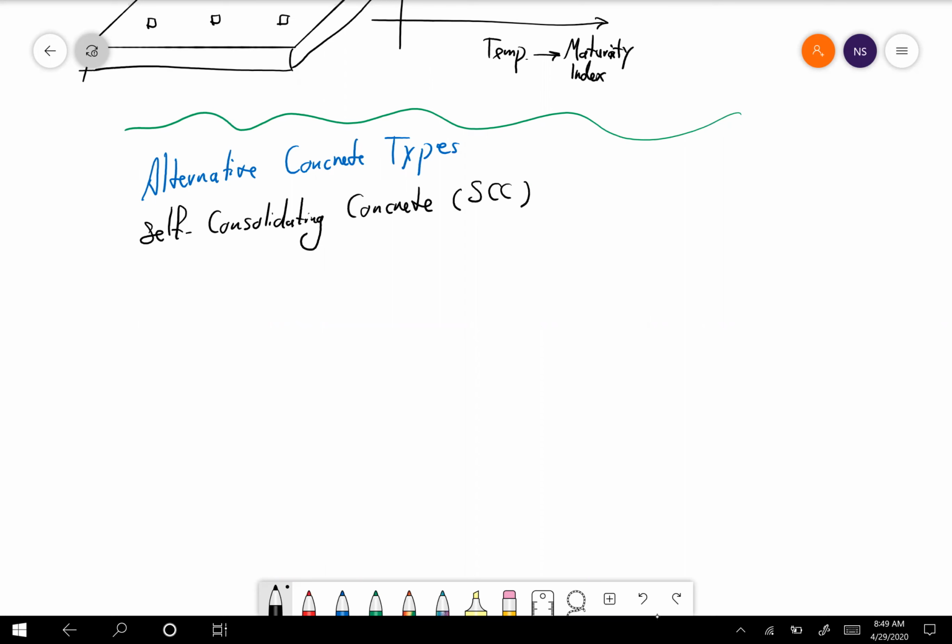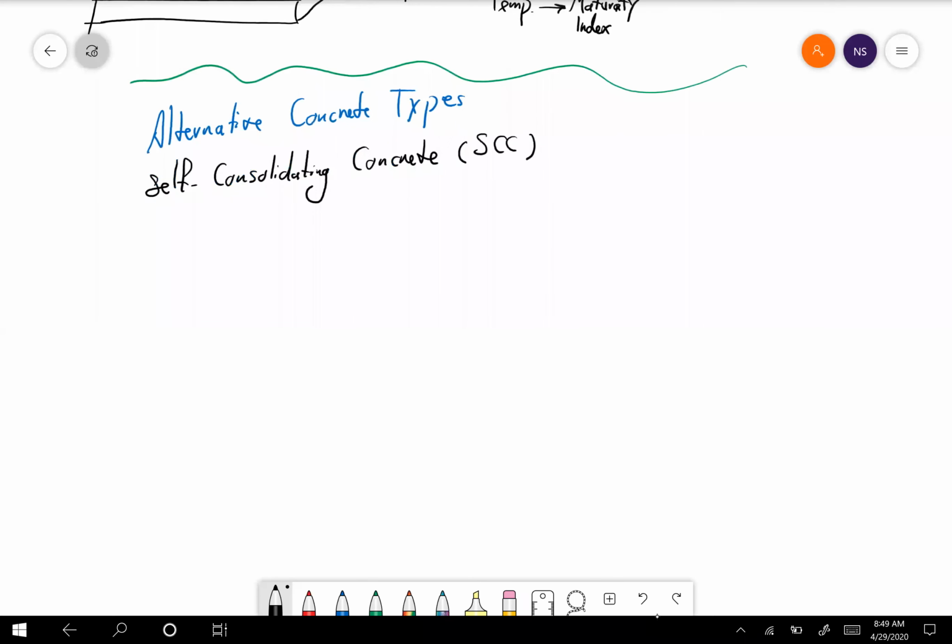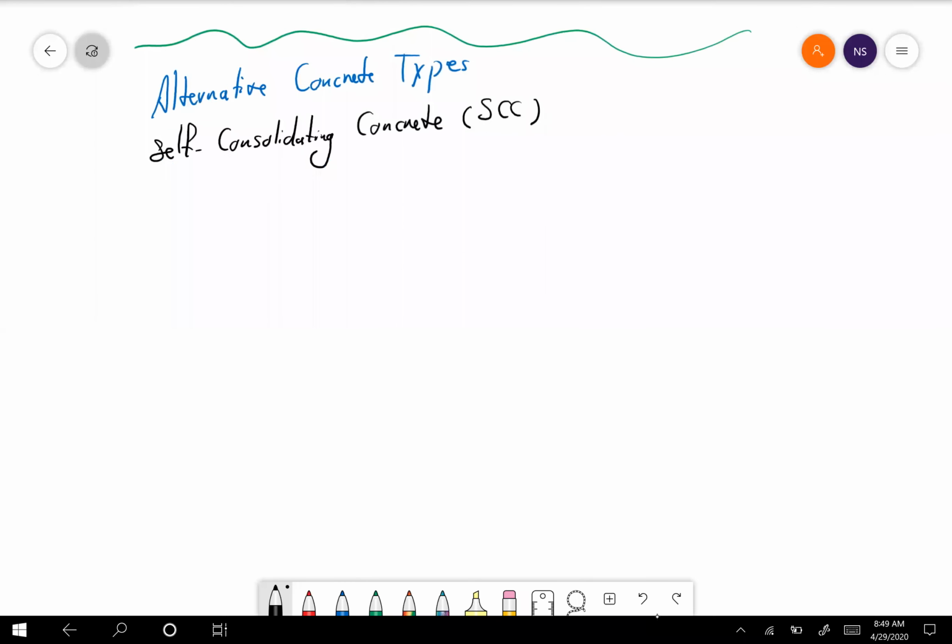But self-compacting concrete is a highly flowable concrete that you don't need to vibrate after placing it, and which is not segregating.